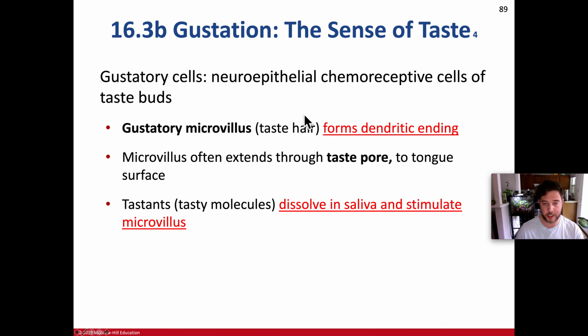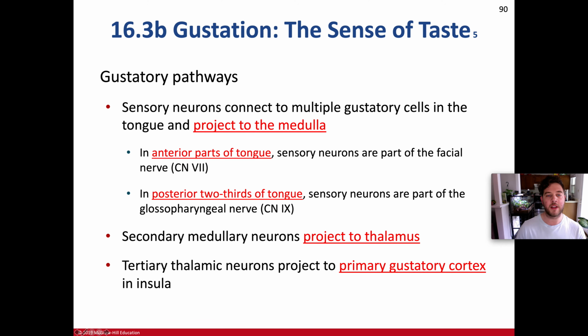We have olfactory hairs, and we have taste hairs, which may kind of gross you out, that there are taste hairs on your tongue. Your microvilli often extend through the taste pore to the tongue surface so that they can be stimulated by these tastants, these tasty molecules, which dissolve in saliva and stimulate your microvilli. So just like we needed mucus to stimulate the olfactory cells, we need saliva to help dissolve and stimulate the microvilli.